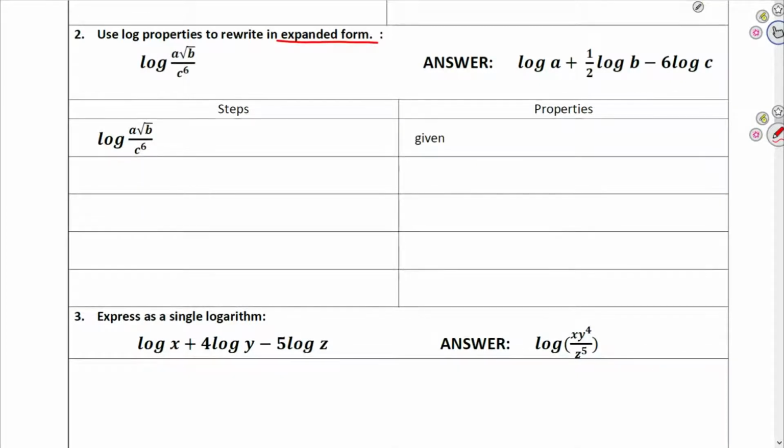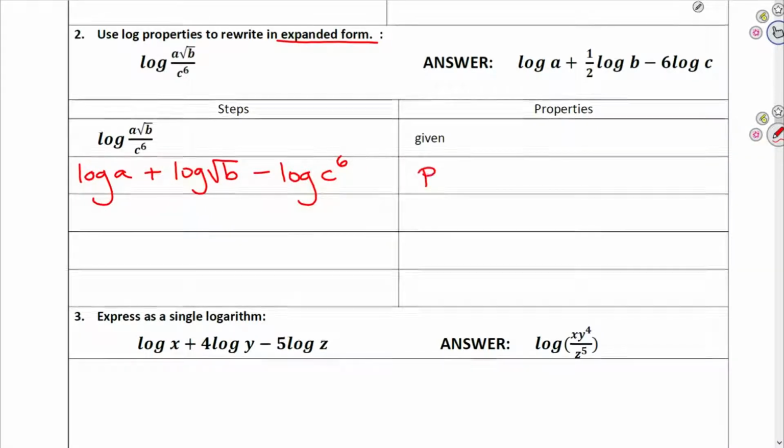So I think to myself, the numerator is positive, and the denominator will be negative. So I will write the log of each term. The log of a, that's in the numerator, plus, because b is in the numerator, the log of the square root of b. But c to the 6th is in the denominator, so I'm going to subtract the log of c to the 6th. And the reason I can do that is what I call the product and division properties.